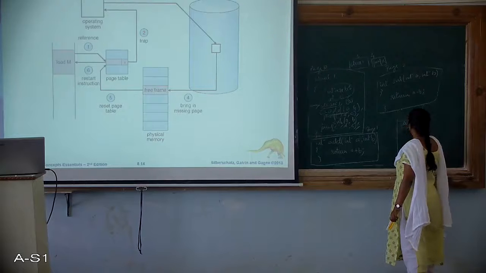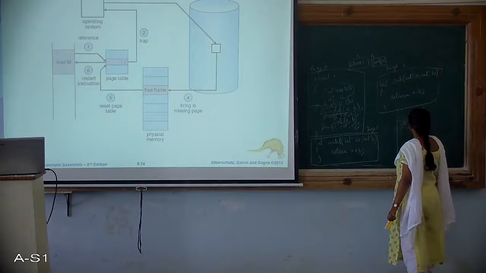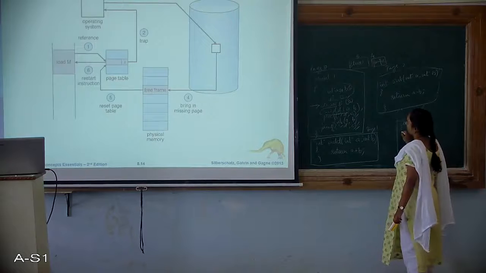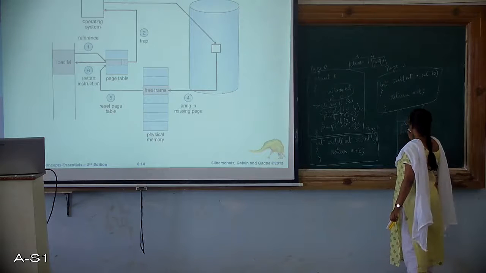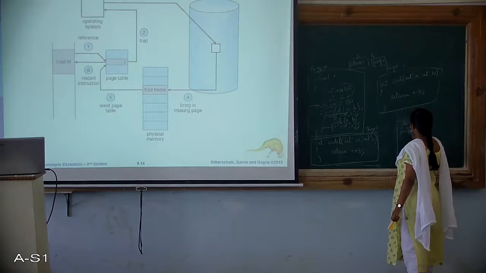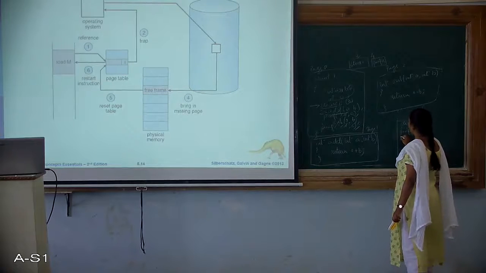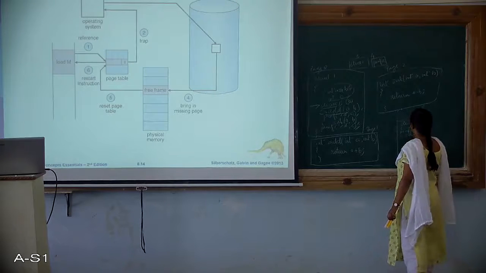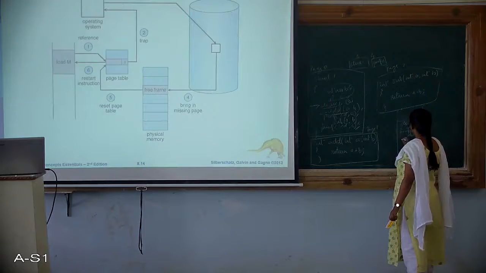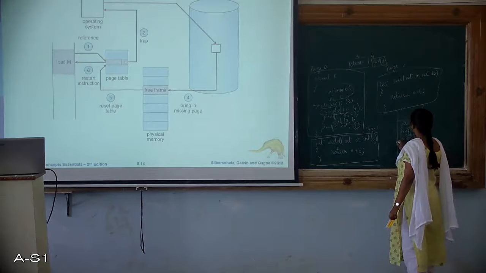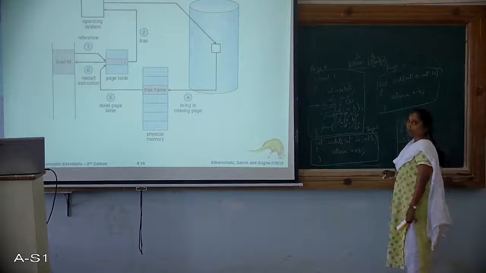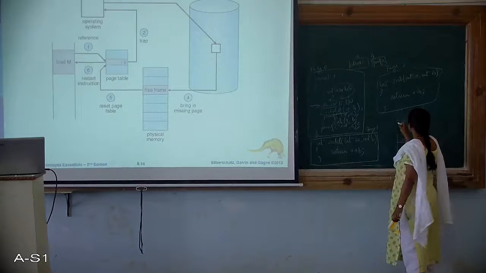After that CLR-SCR, you have P is equal to add A comma B. The next statement you will have is printf P. The next statement is C is equal to sub A minus B, and then you have a printf statement. So this is your main program, and one frame is allocated to that.